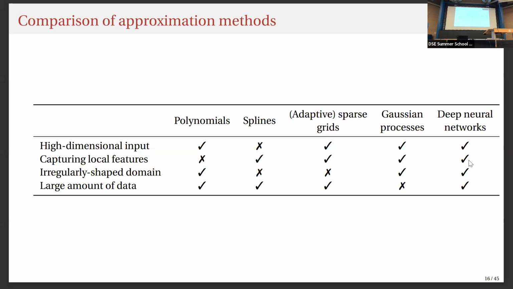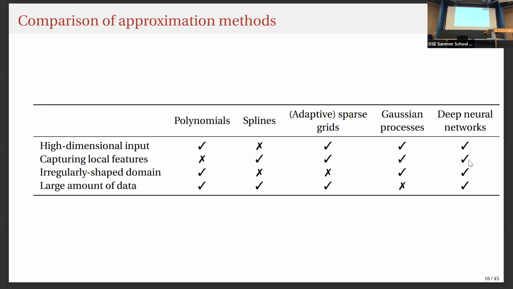Yeah, and by the way, the deep neural nets actually have no problem handling functions that are piecewise continuous. I think this is actually relatively easy to do as well. Irregularity of the shape of the domain is something that you might be concerned about. If you imagine that this vector x comes from some kind of hypercube, then it opens up the doors to using grid-based methods such as the sparse grid.